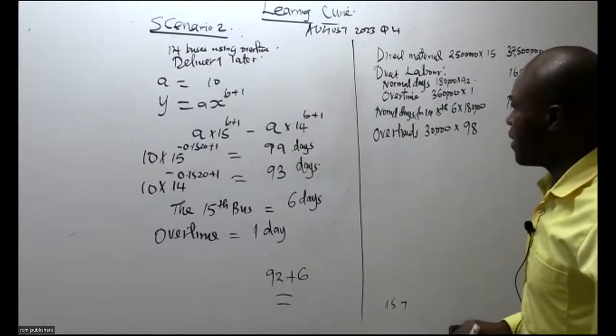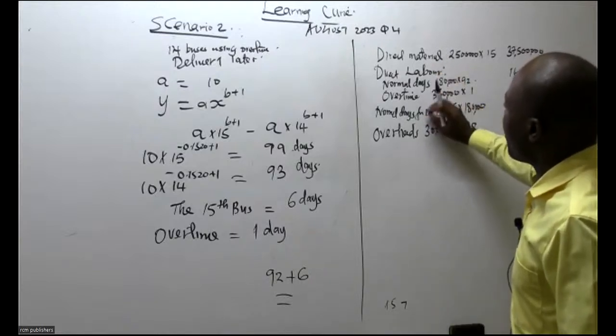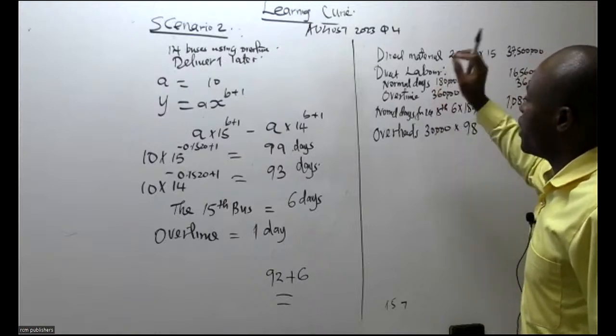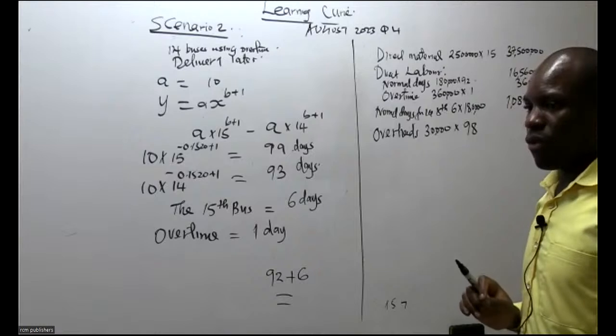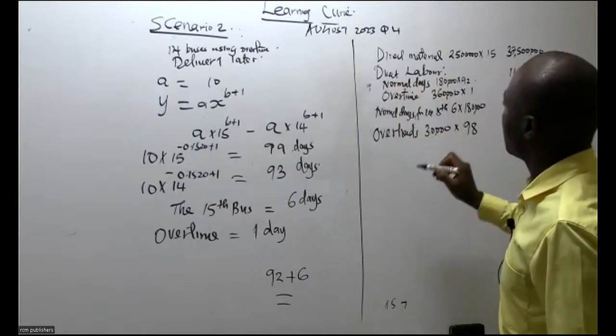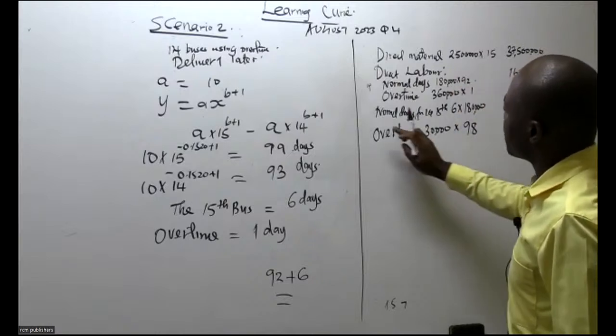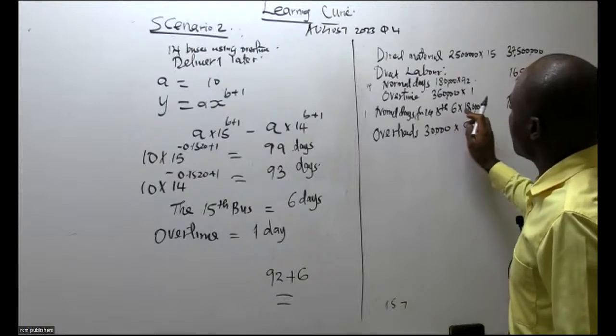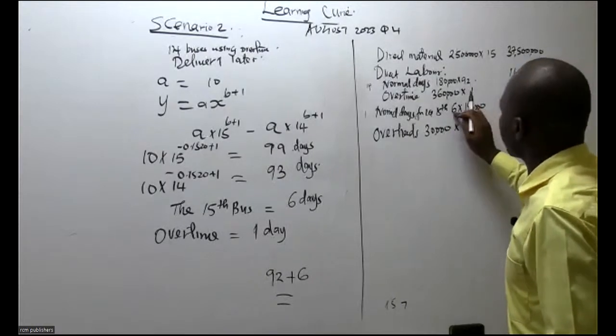Another way to identify that, look at your labor hours here, or the labor cost. How many days did you use the 180 rate for? The first one is the normal days for the 14. I used 180. The second one is this one bus, which I used 180. So add 6 plus 92.